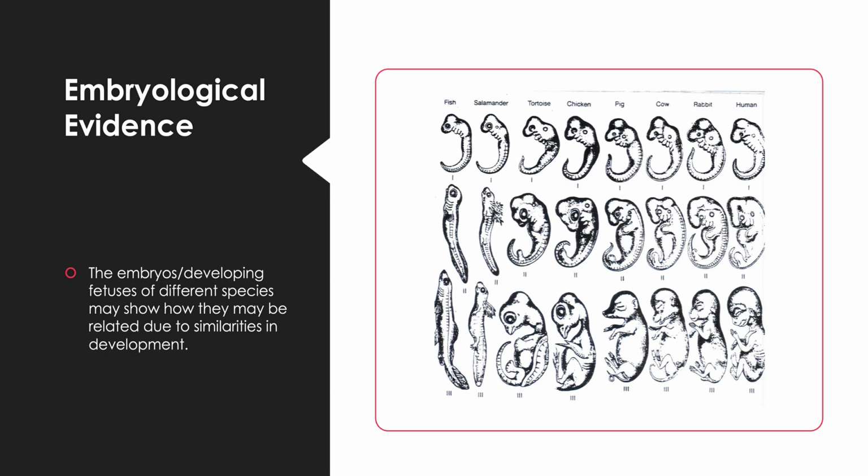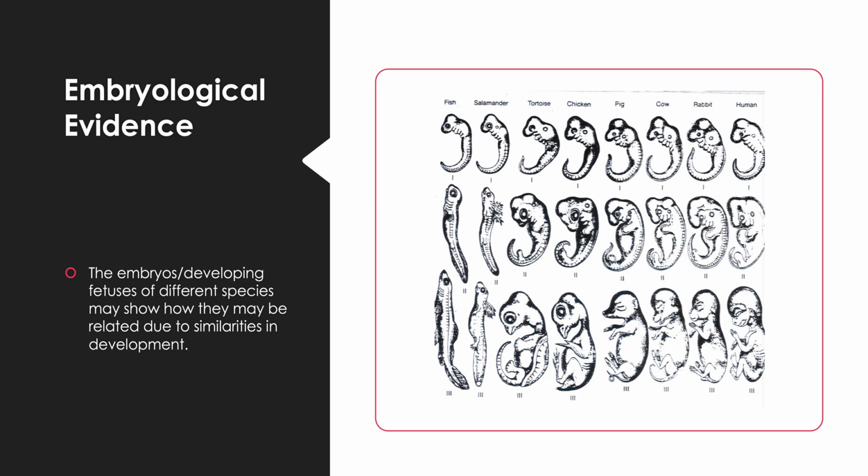So the fish is way, way different from all the others. It is least related. Salamander, turtle, chicken. And then here you can see in these final ones, they actually look quite similar. These are our mammals over here. So we can look at their developing babies to see how they're similar.